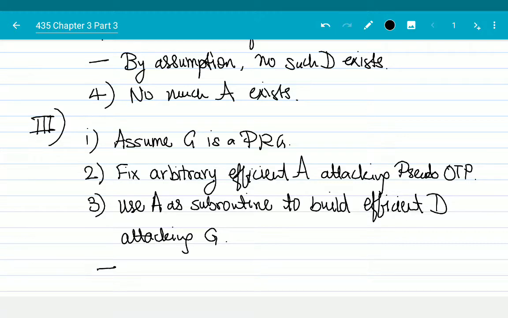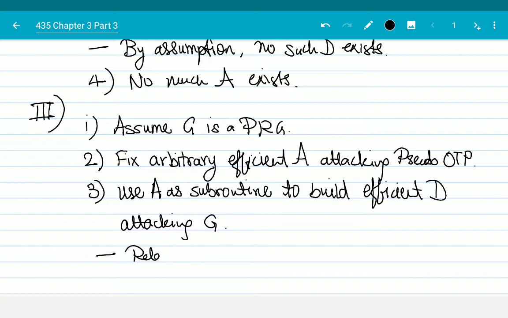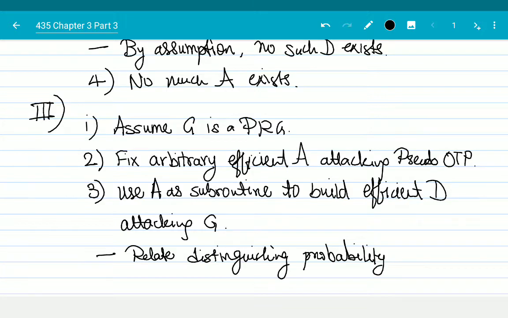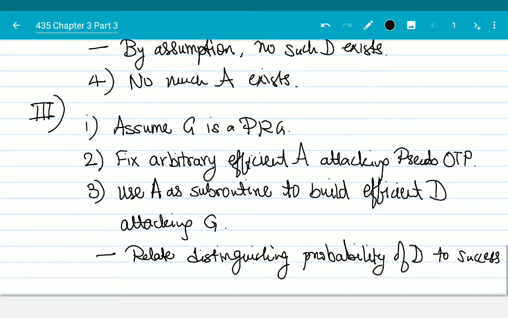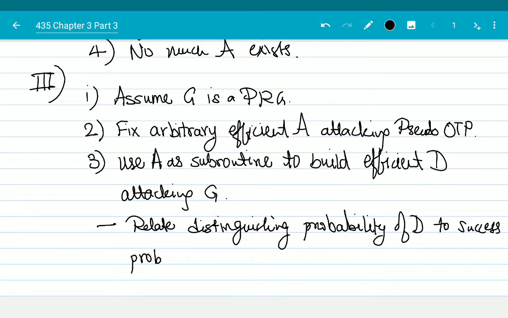We relate the probability of D to the success of A. Relate the distinguishing probability of D to the success probability of A, hopefully by an inverse polynomial, some 1 over p(n).